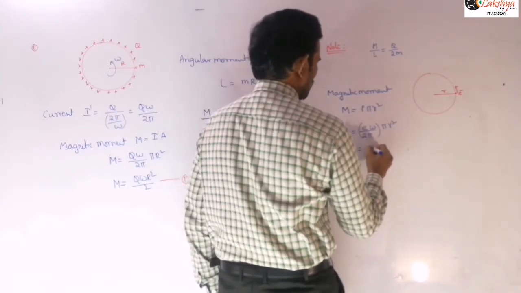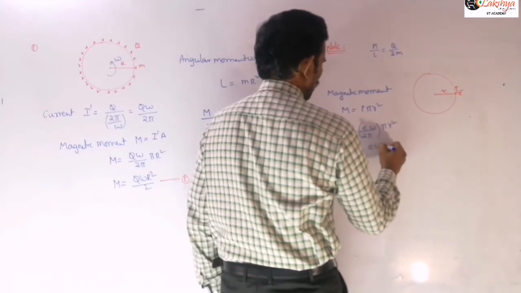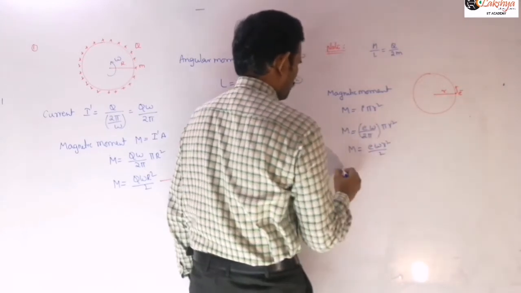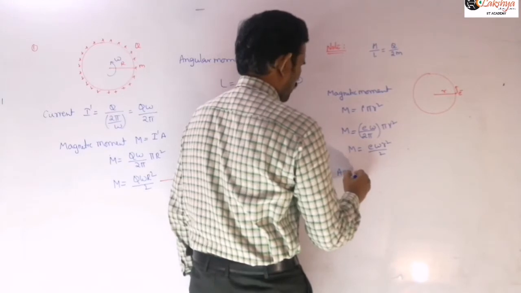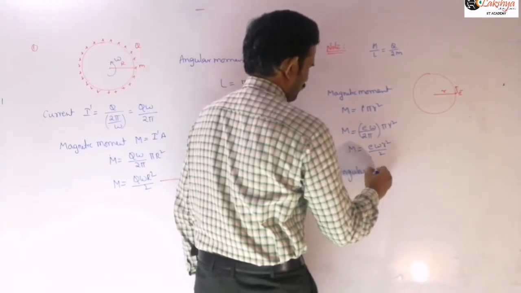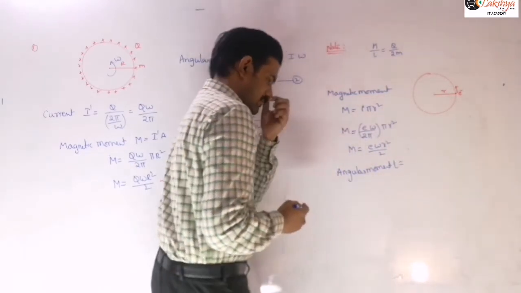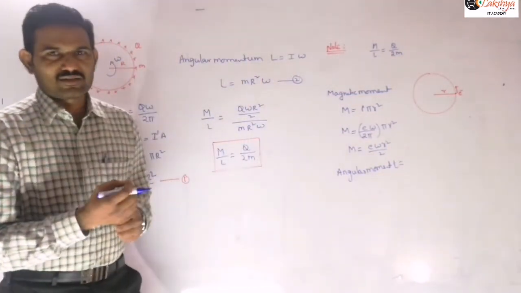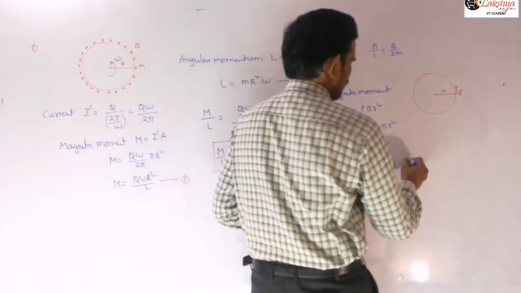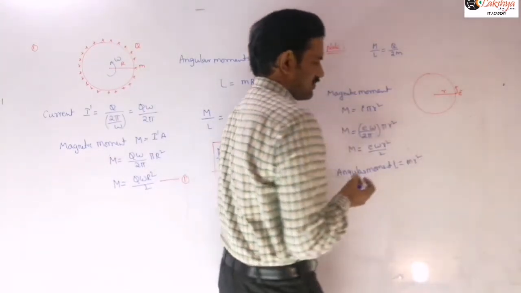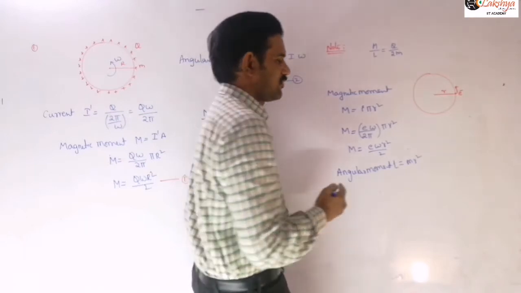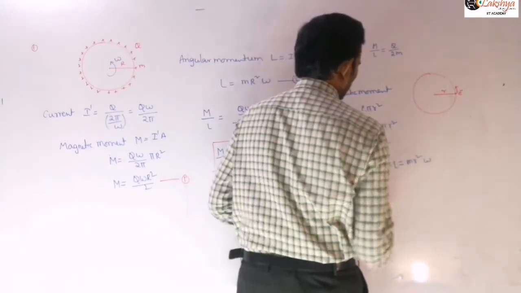Therefore it is e omega r square by 2. Then angular momentum L, it is just a particle, so we write the point mass moment of inertia formula, m r square, into omega, right?